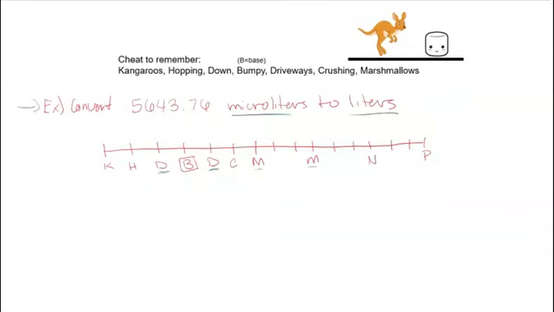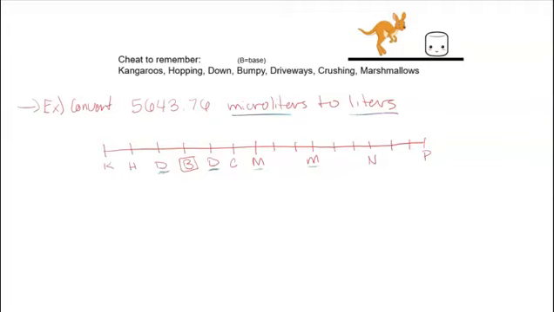Let's look at another example. We're going to convert 5,643.76 microliters to liters. And I've set up my number line already. And this is usually how I set up my number line. I just use the very first letter of the prefix. I don't write out the whole prefix.